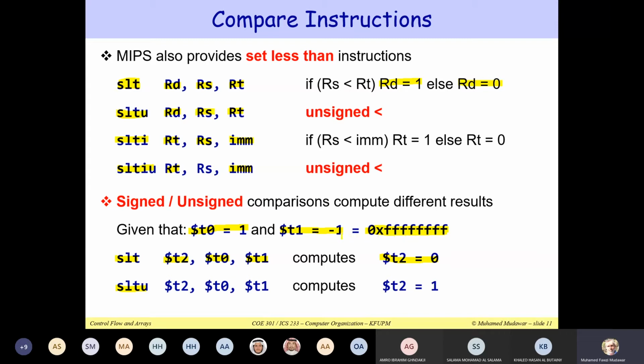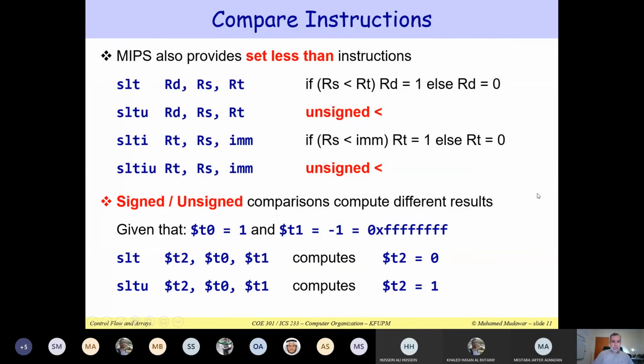Now, this number is not -1 because we are looking at the numbers here to be unsigned. So we're using set less than unsigned. So this instruction is going to treat this number to be unsigned. So the question is, is 1 less than 4 billion? This is a huge number here. The answer is true. So therefore, it's going to write 1 into T2. So you can see that here it's going to write a different result into T2.